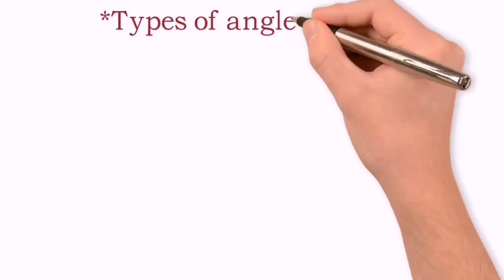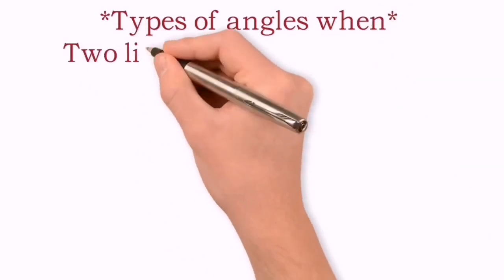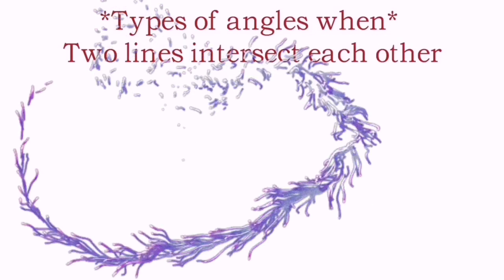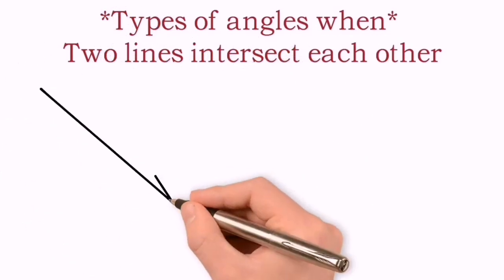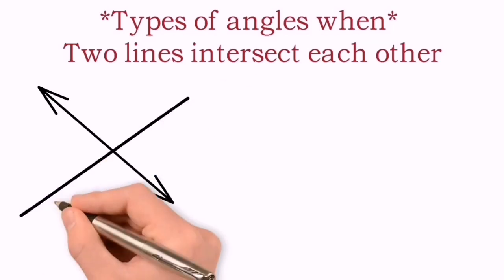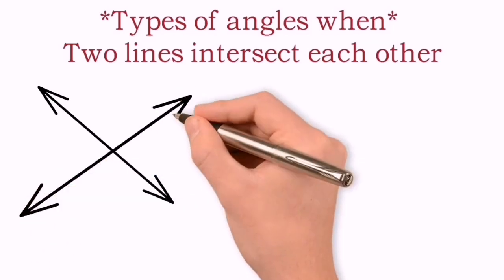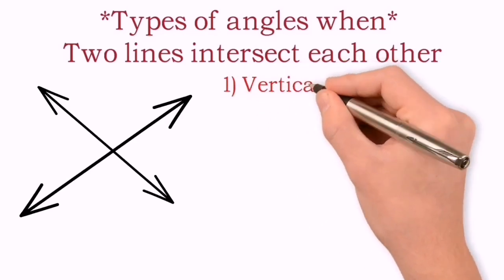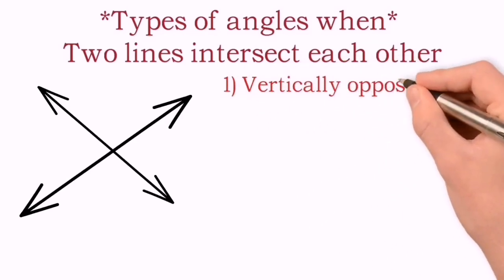Now next, we'll try to understand what the types of angles are when two lines are intersecting each other, right? You are already familiar with these two names, vertically opposite angles and linear pair, right? Do you remember it? I guess so. Presently consider two lines intersecting each other, right?